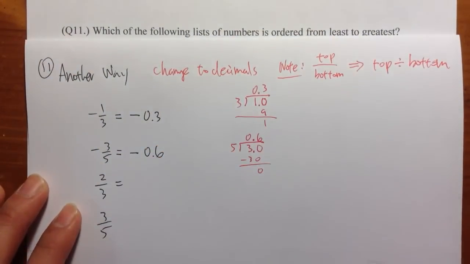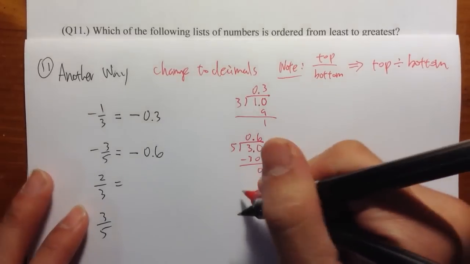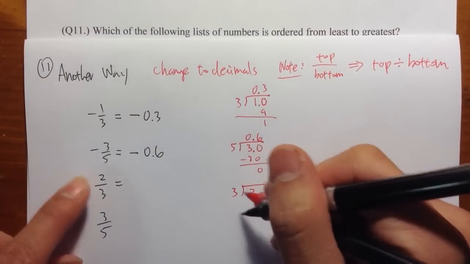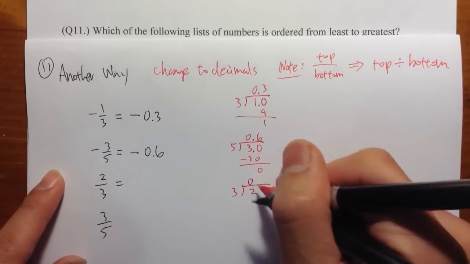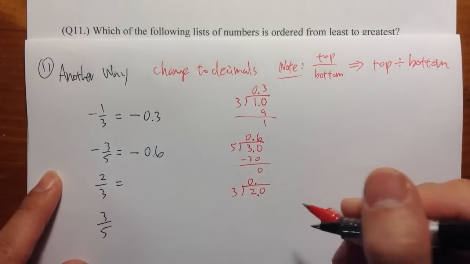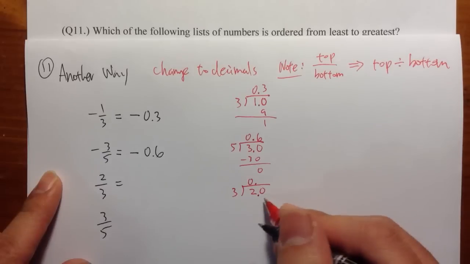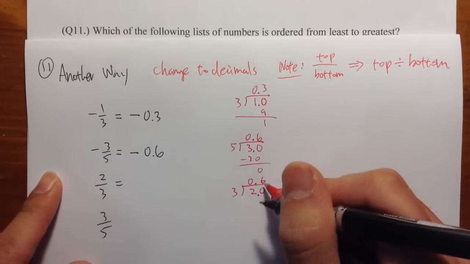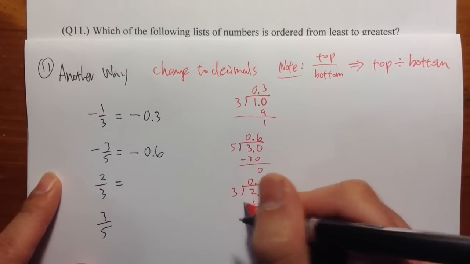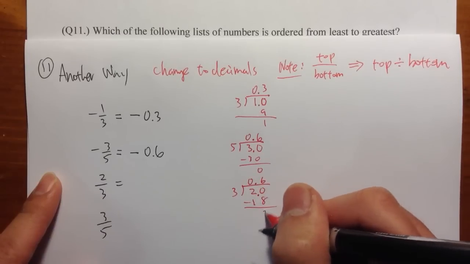Okay, 2/3, positive 2/3. So put a 2 inside, 3 on the outside. 3 goes into 2 0 times. Put a decimal point, and then put a 0 after the 2. 3 goes into 20 6 times. 6 times 3 is 18. When we subtract 20 minus 18, you get 2.